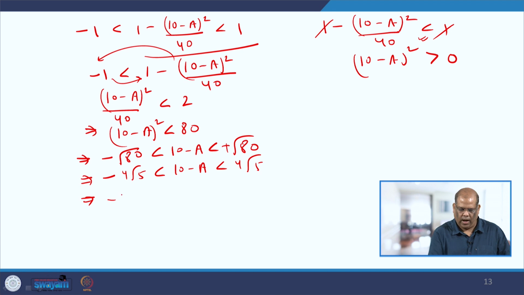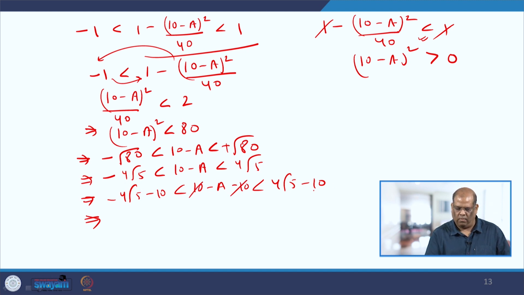You subtract 10: 4 root 5 minus 10 less than 10 minus A minus 10 less than 4 root 5 minus 10. So there is a negative sign. If I multiply this whole thing by negative, you will get everything but with opposite inequality sign. So I will get, here it is A, 10 minus 4 root 5 less than A less than 10 plus 4 root 5.